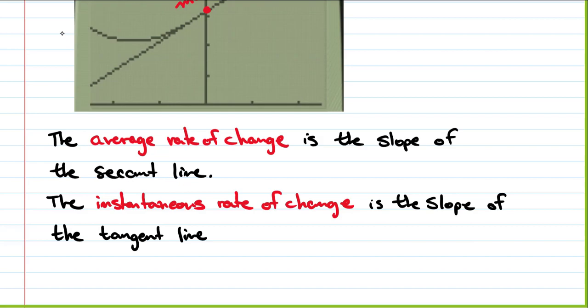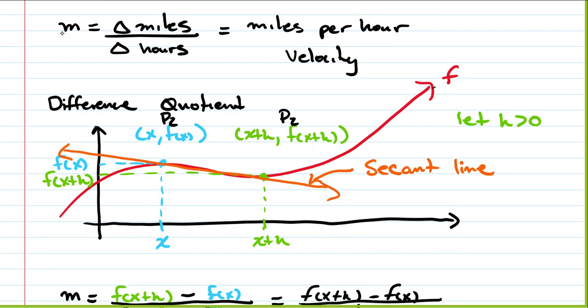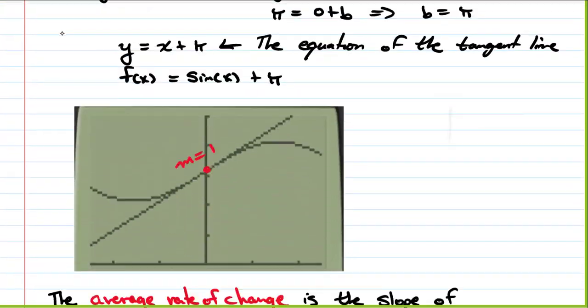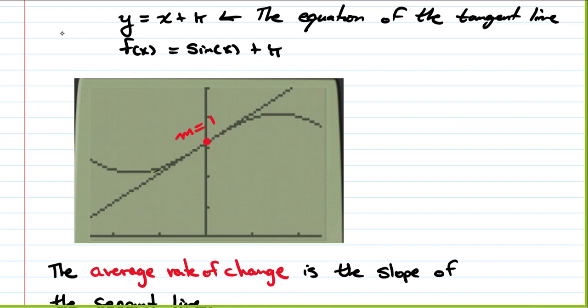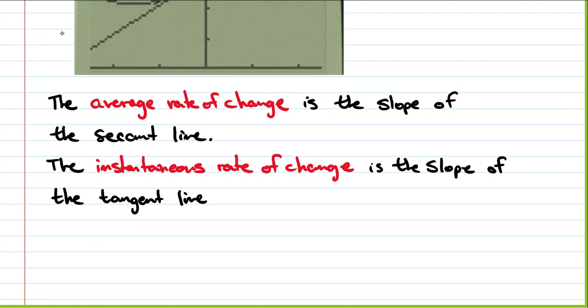So if you're ever asked about an average rate of change, it's asking you to find the slope of a secant line. And remember, a secant line is a line that just goes through 2 points on the graph of the function. Whereas the tangent line is like what we have here, where it touches the graph exactly 1 time, and then at that point it represents the instantaneous rate of change.